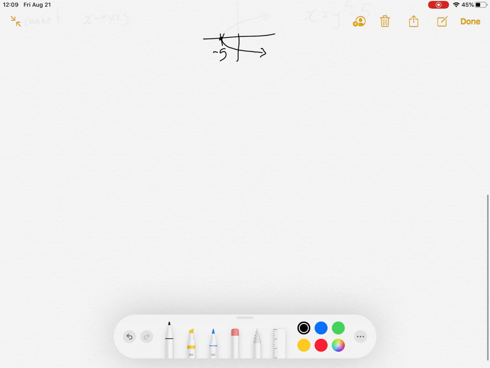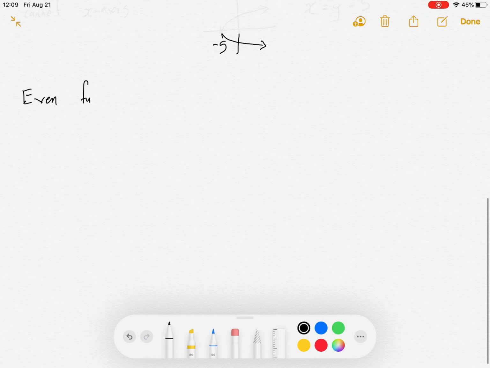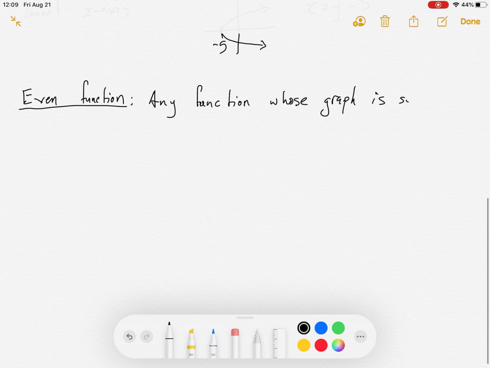All right, so let's now talk about an even function. So an even function is any function whose graph is symmetric across the y-axis.